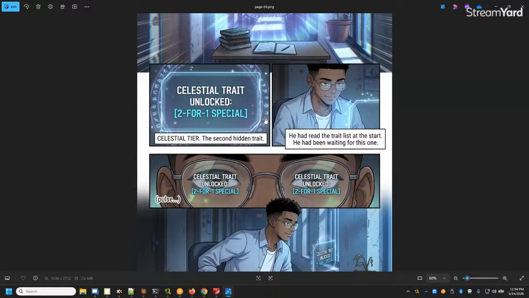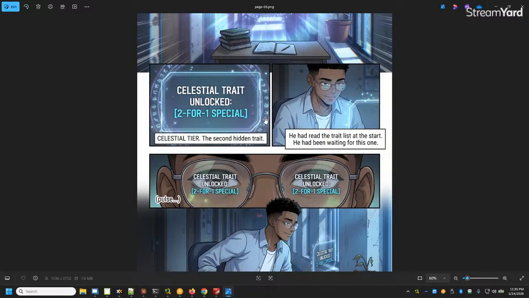Now, again, I don't know what this is. Celestial Trait unlocked: 2 for 1 special. Okay, so backstory. When I was first imagining this story and writing out chapter 1, I was going to give him 2 special traits. 52 factorial was going to be one, and 2 for 1 special was going to be the other. Yggdrasil's synthesis came later. 2 for 1 special, just like 52 factorial, you can apply on anything.